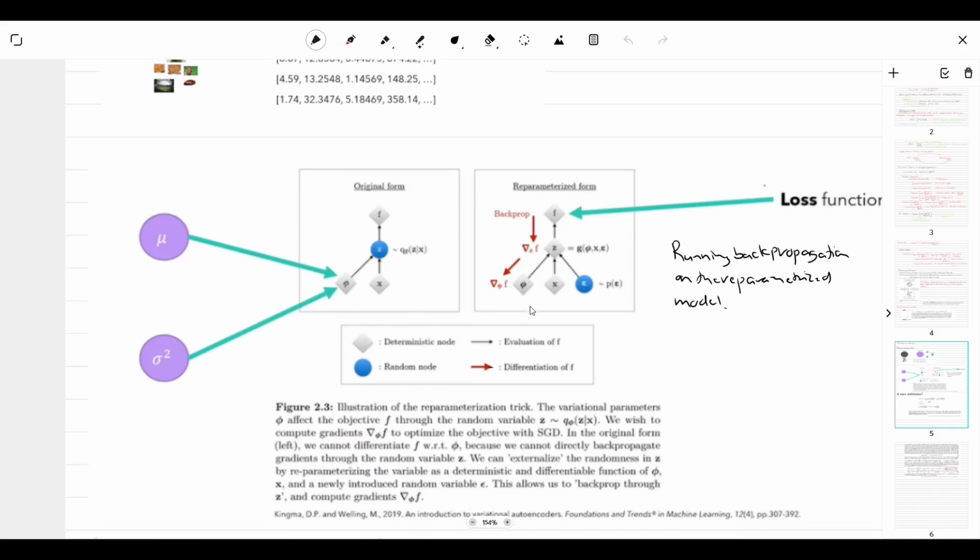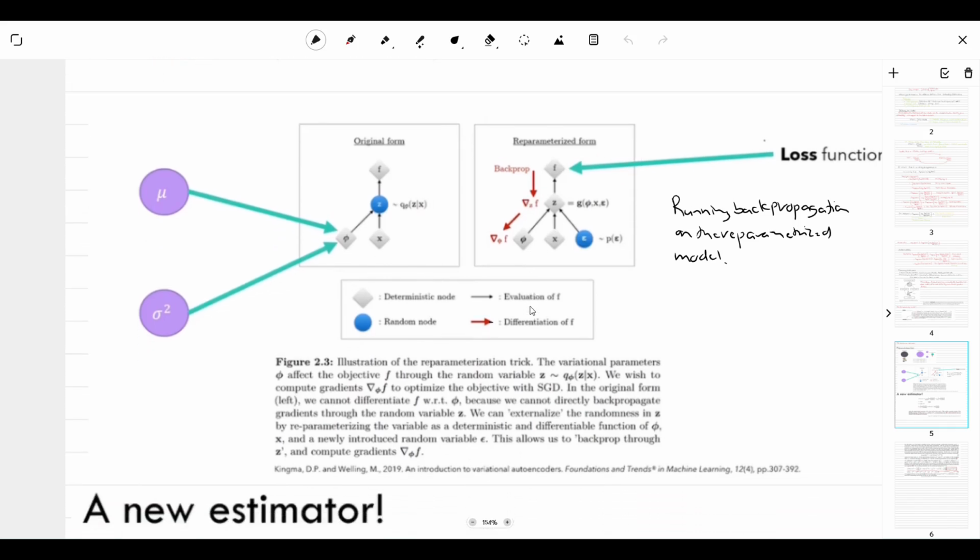This technique gives us a new estimator for the gradient, often called the stochastic gradient variational Bayes, meaning SGVB estimator, which has less variance than the previous impractical approaches.